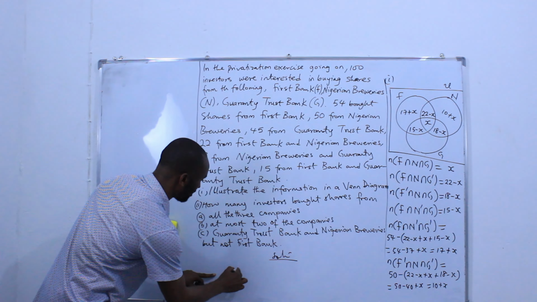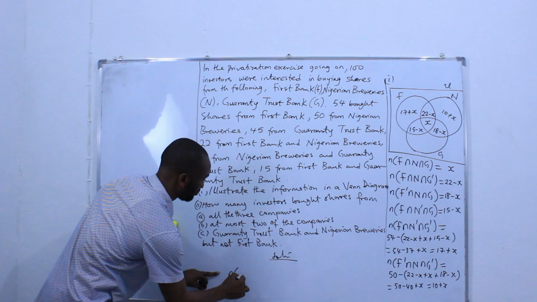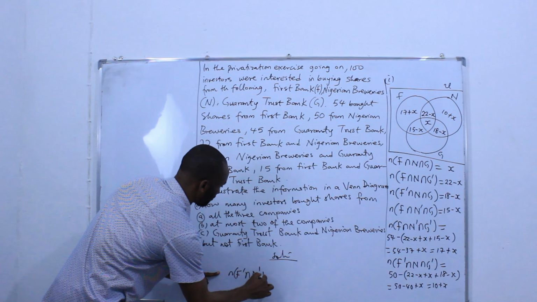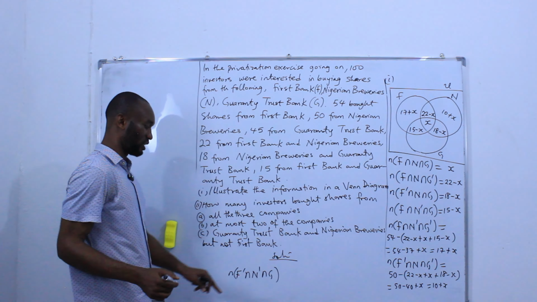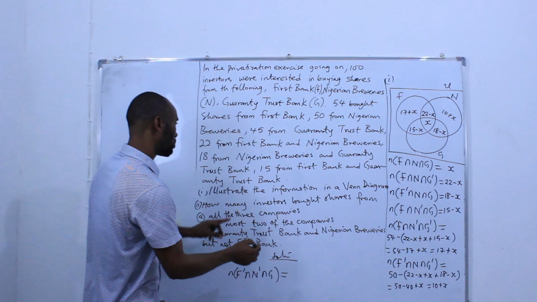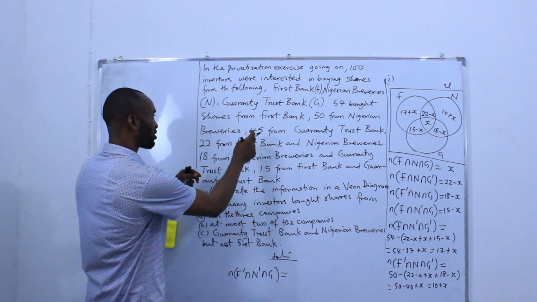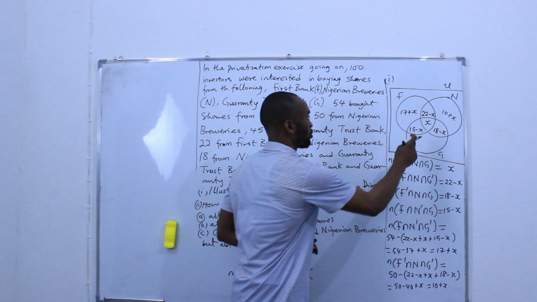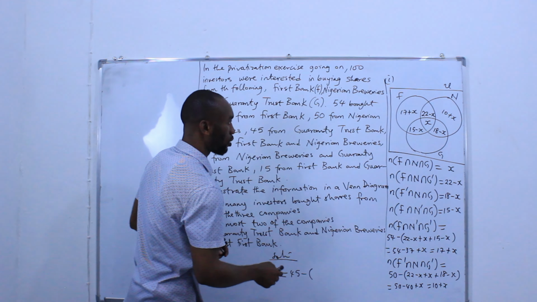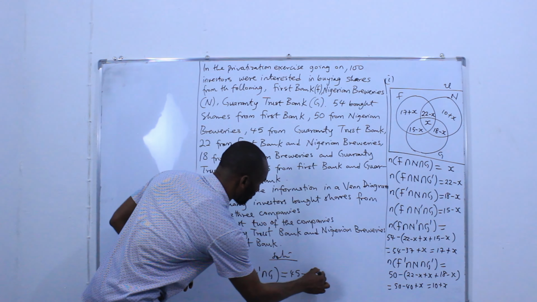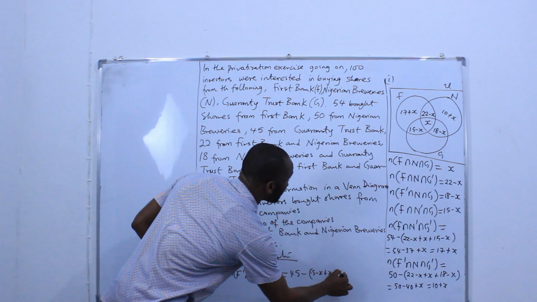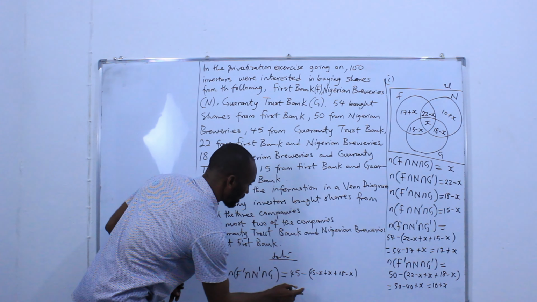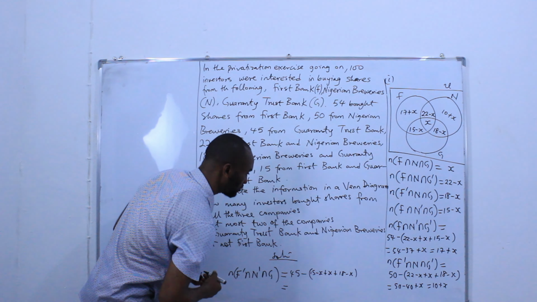The number that bought from Guaranty Trust Bank only is going to be, we have 45 bought from Guaranty Trust Bank minus the overlap on G, which is 15 minus X plus 18 minus X, which gives us a total of this plus this is 33.